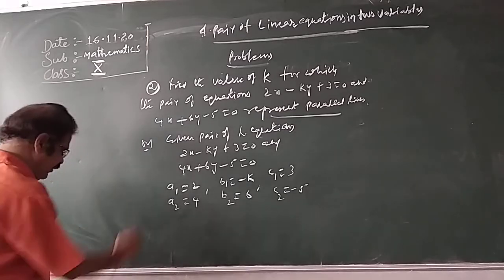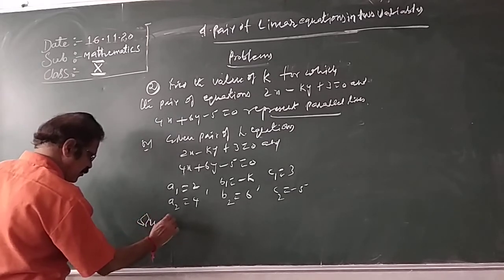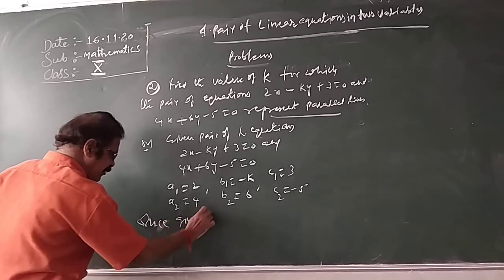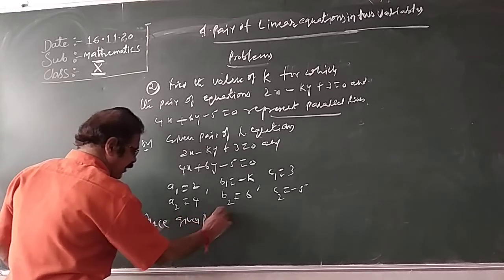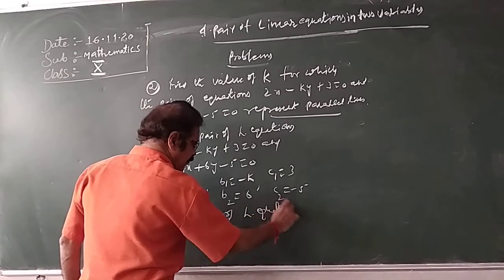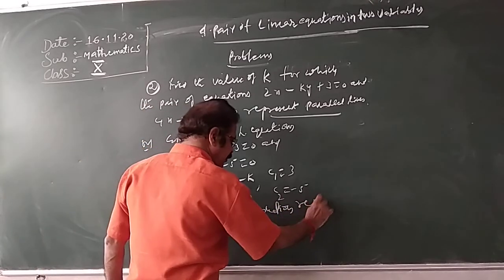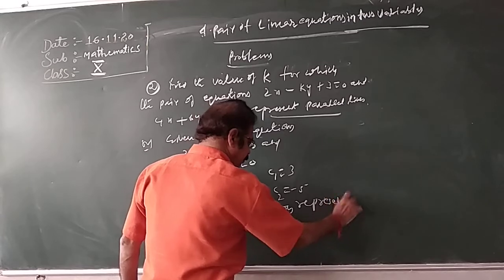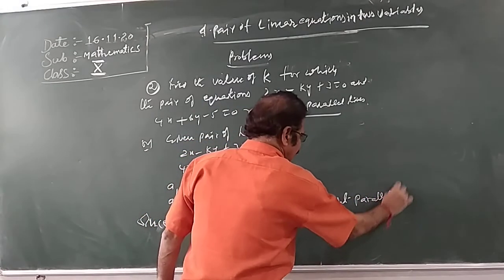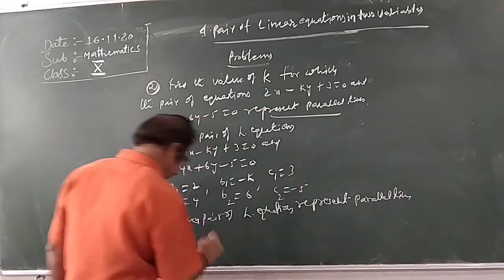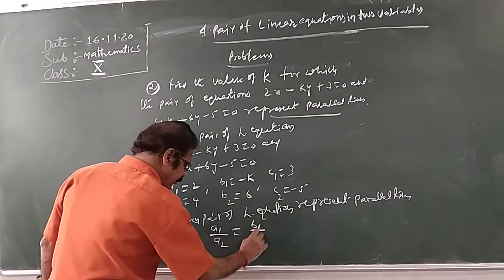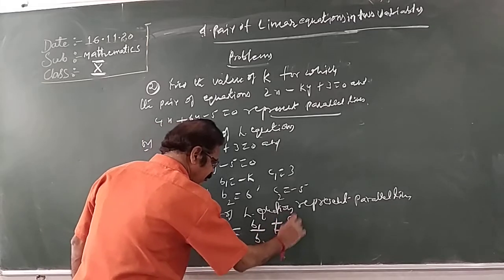Since the given pair of linear equations represent parallel lines, parallel lines means a1 by a2 equal to b1 by b2 is not equal to c1 by c2.